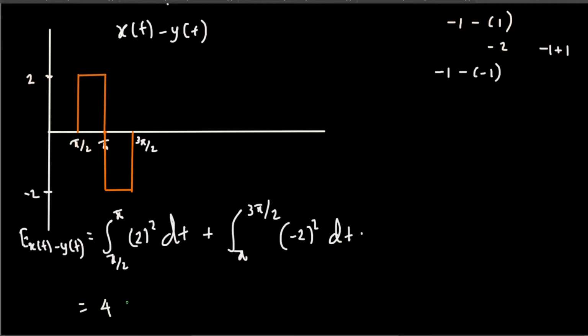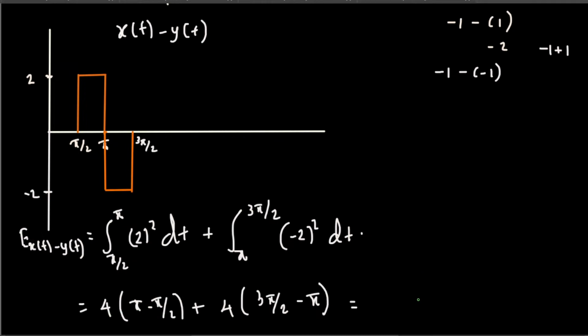So this is 4, and then upper limit is 5, lower limit is 5 by 2, and then plus this is also 4, and then upper limit is 3 5 by 2 minus 5. So we are going to have 4 times 5 by 2. 5 minus 5 by 2 is 5 by 2.